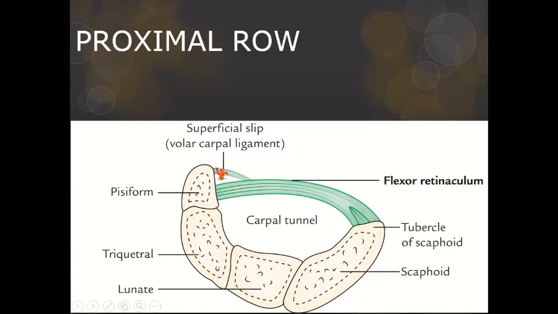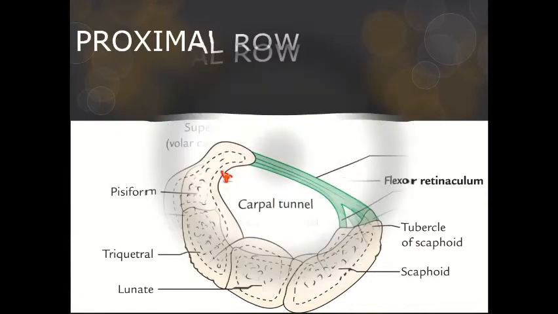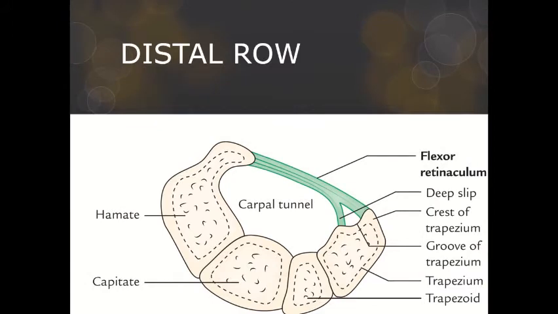The superficial slip is called the volar carpal ligament. At the distal part of the flexor retinaculum, laterally it divides into two bands, a superficial slip and a deep slip, and this lateral attachment distally attaches to the trapezium bone.